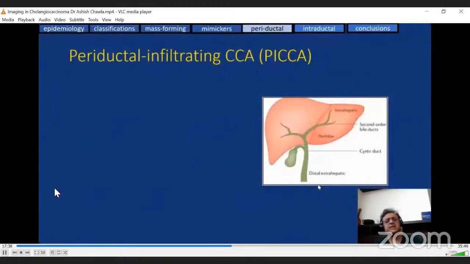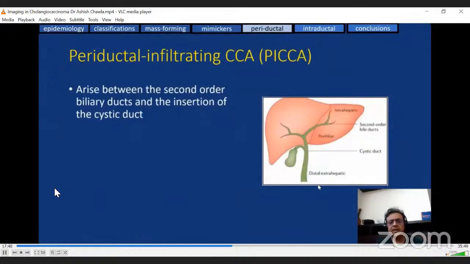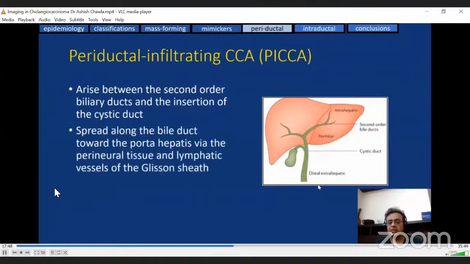Move on to the periductal infiltrative cholangiocarcinoma. They arise between the second order bile duct and the insertion of the cystic duct. They spread along the bile duct. But in practice, a combination of periductal infiltrative and mass-forming tumor is more common.